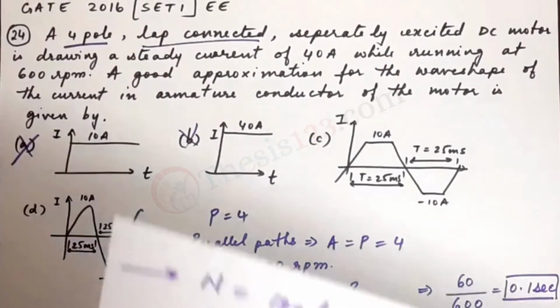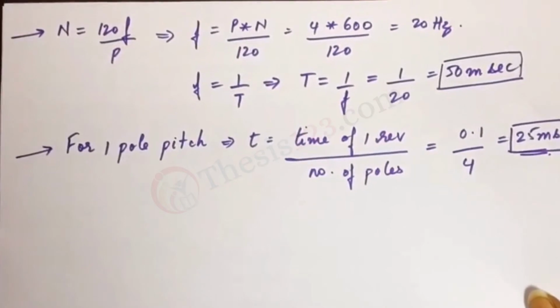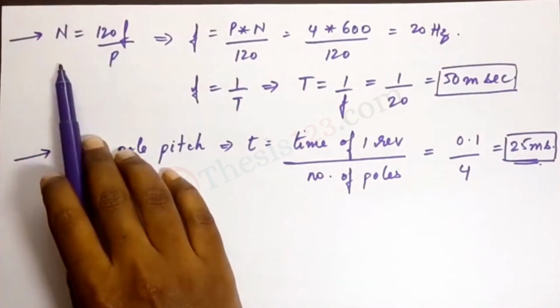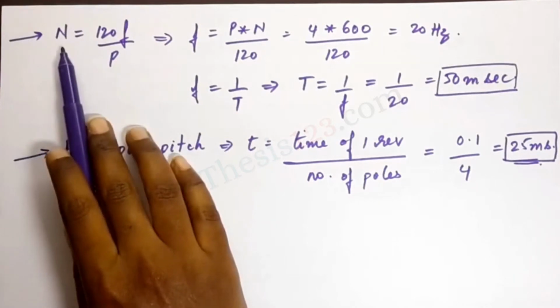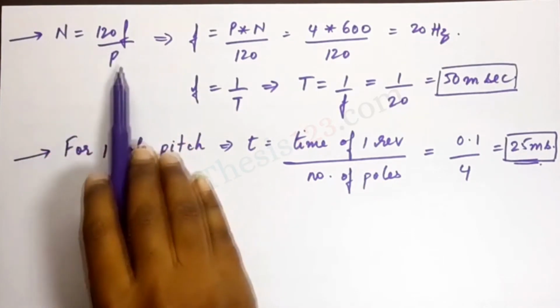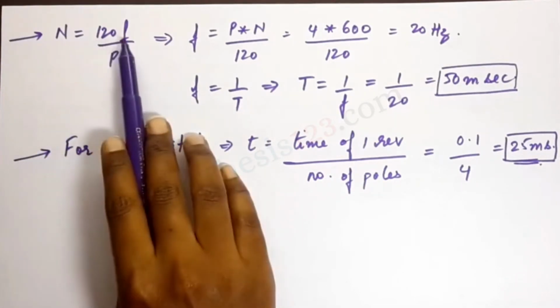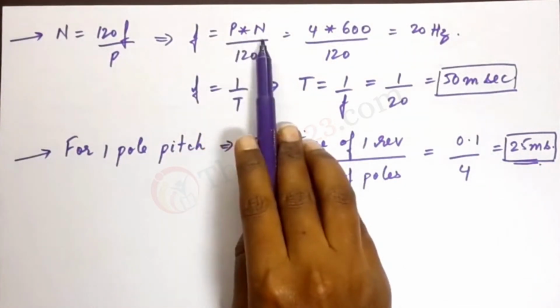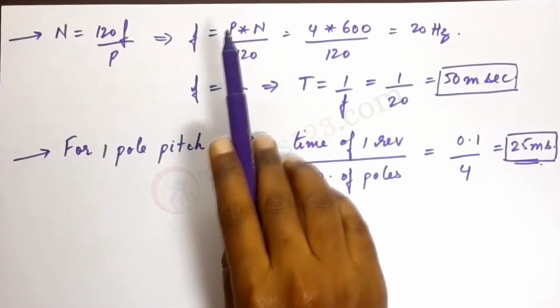The first method over here is by taking speed into consideration. We have been given that the speed is 600. So we know the basic formula N is equal to 120 F by P. From this, we can say that F is P times N divided by 120.